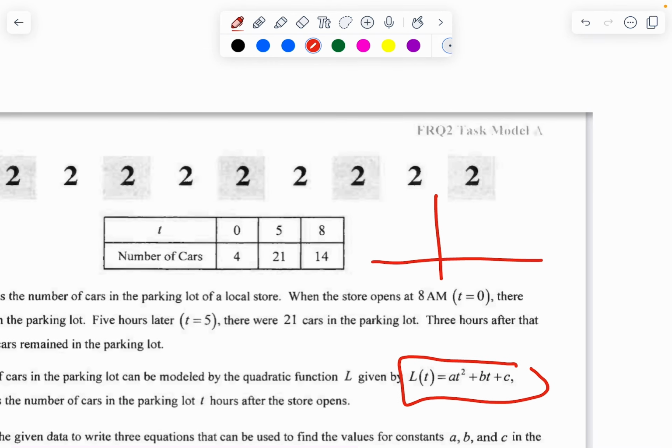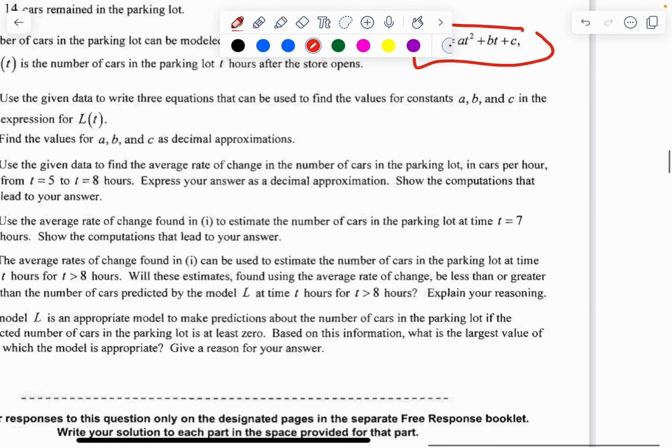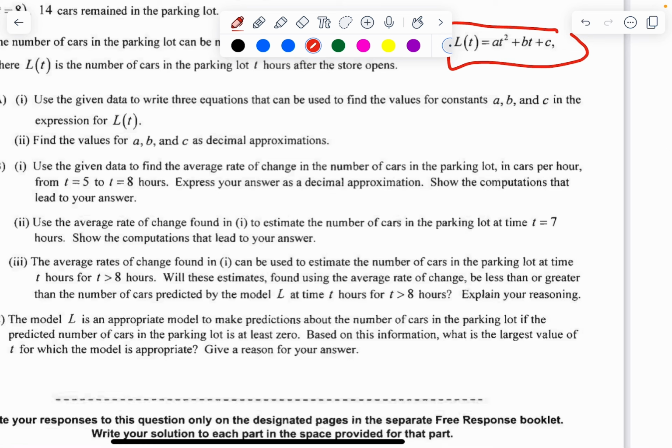So if I graph this, it's doing something like this. So this is going to be concave down. When they start talking about the average rate of change being used to estimate, will it be less than the number of cars predicted? Hang on, let me back up, I'm sorry.